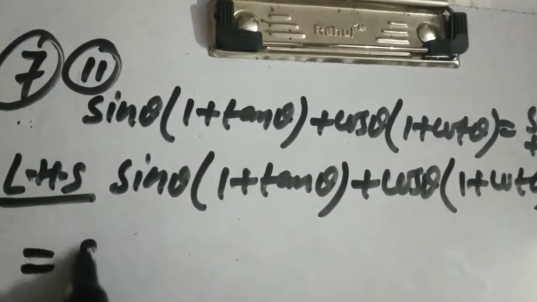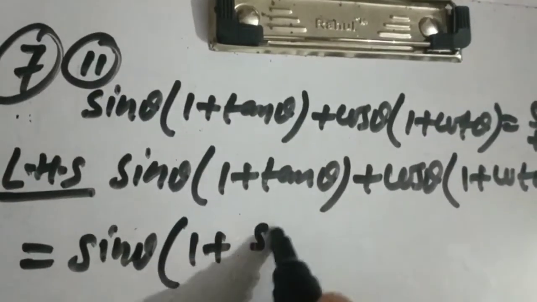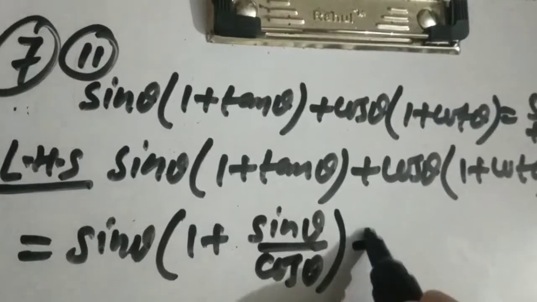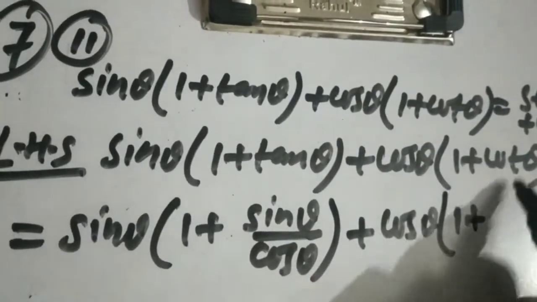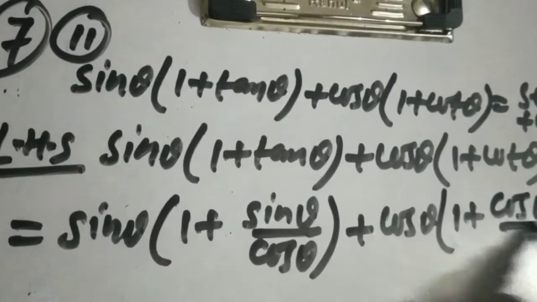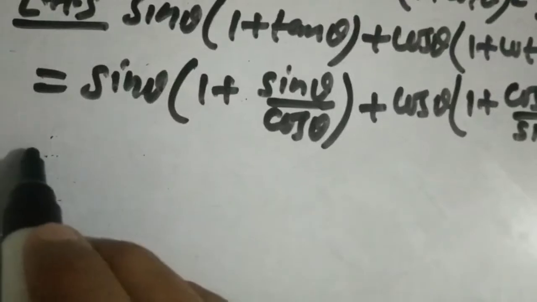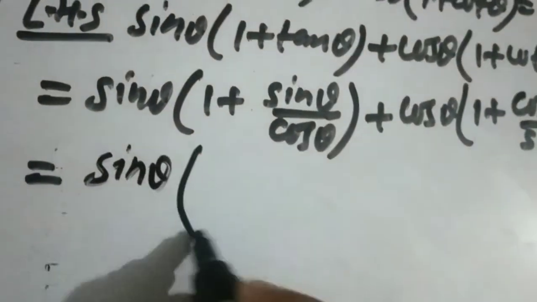Okay, now it will be equal to sin theta into (1 plus tan theta), where tan theta is equal to sin theta upon cos theta, plus cos theta into (1 plus cot theta), where cot is equal to cos by sin. Now take the LCM.